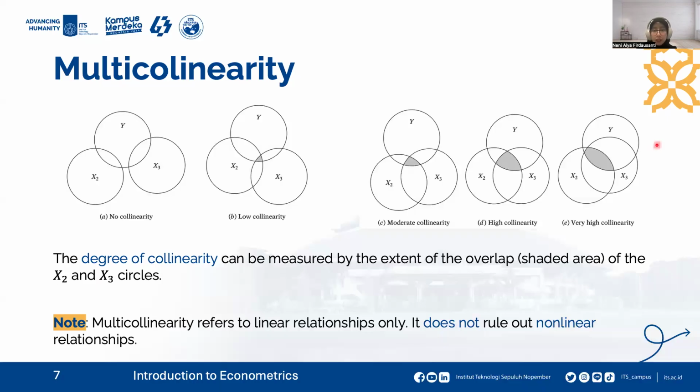This note means that, let's say we have x. In the regression, the variables affecting y are not only x but also x squared and x to the power of 3. You know that x squared is calculated from x by multiplying its value, and if we multiply by x again, we get x to the power of 3.